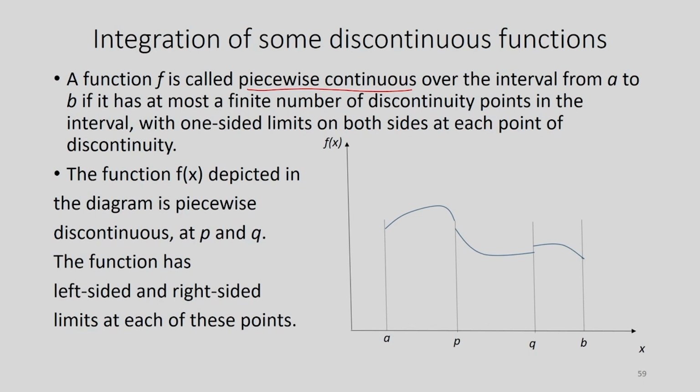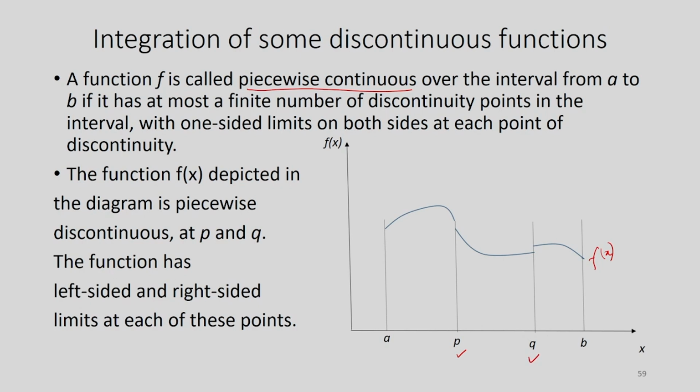So, the functions that one has in mind are not any discontinuous functions, these are piecewise continuous functions. So, here is an example. So, this function f(x), it is defined from a to b, but you can see it is discontinuous at 2 points, at p and at q.